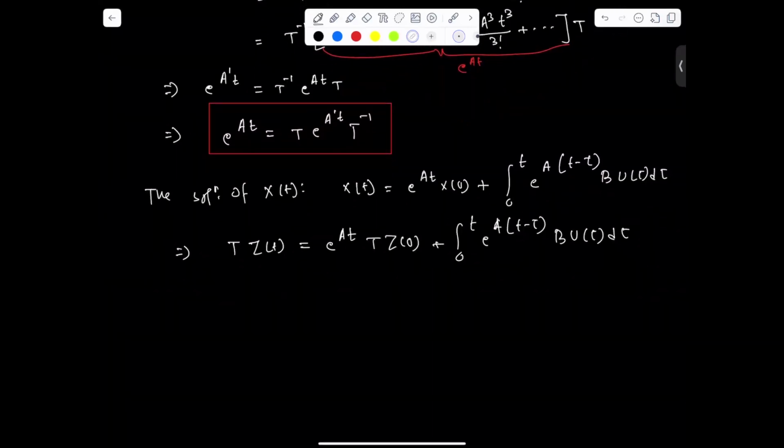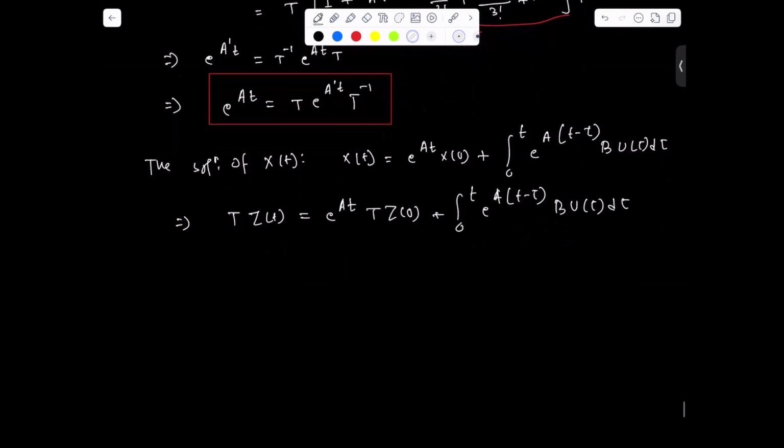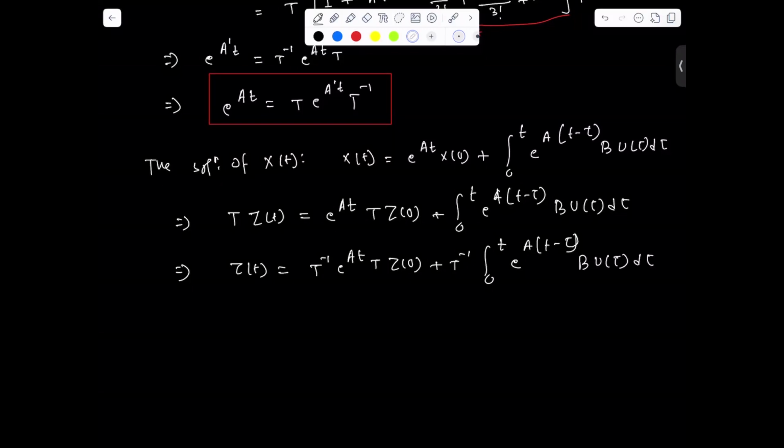and if you multiply both sides by T inverse, we can write z t equal to T inverse e to the At T z naught plus T inverse integral from 0 to t of e to the power A(t minus tau) B u of tau d tau, right?